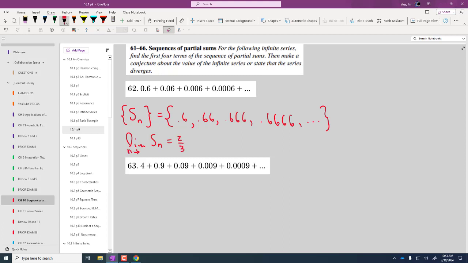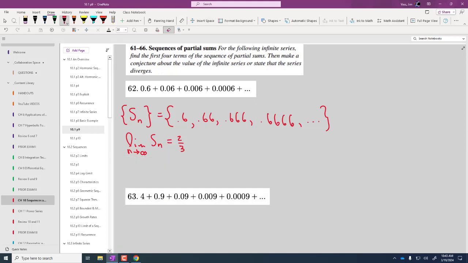Maybe you don't know how to show that, but we intuitively know that that's true. Maybe it's more obvious here that we just keep having these repeated sixes, but that is equal to 2/3.